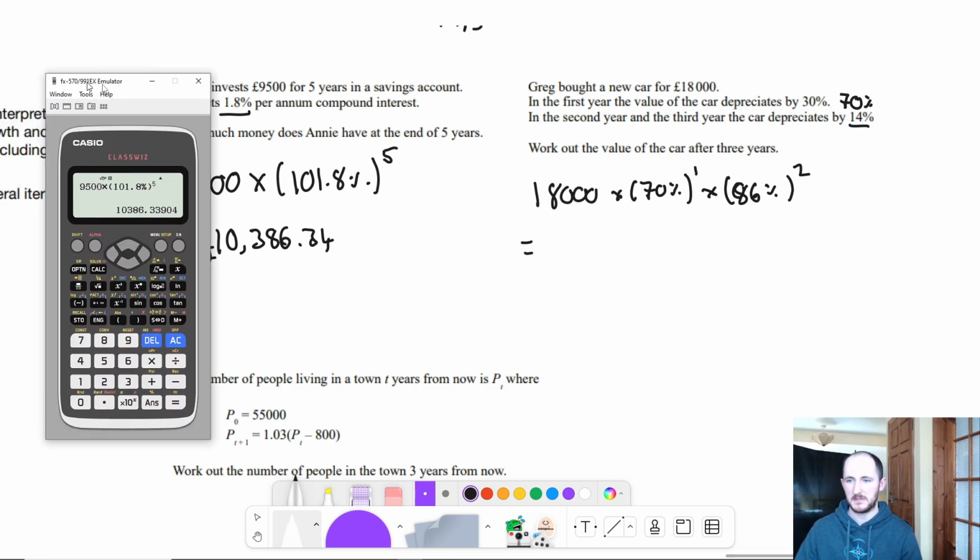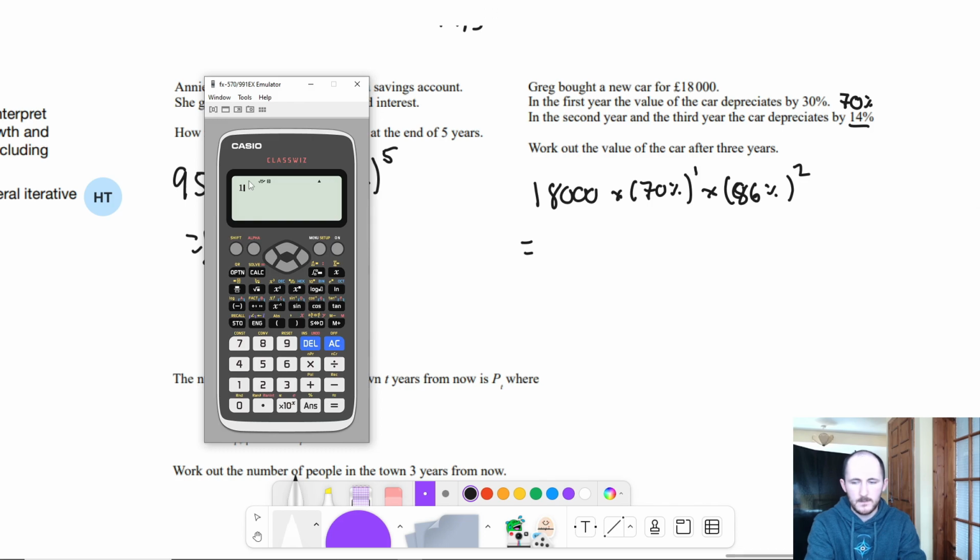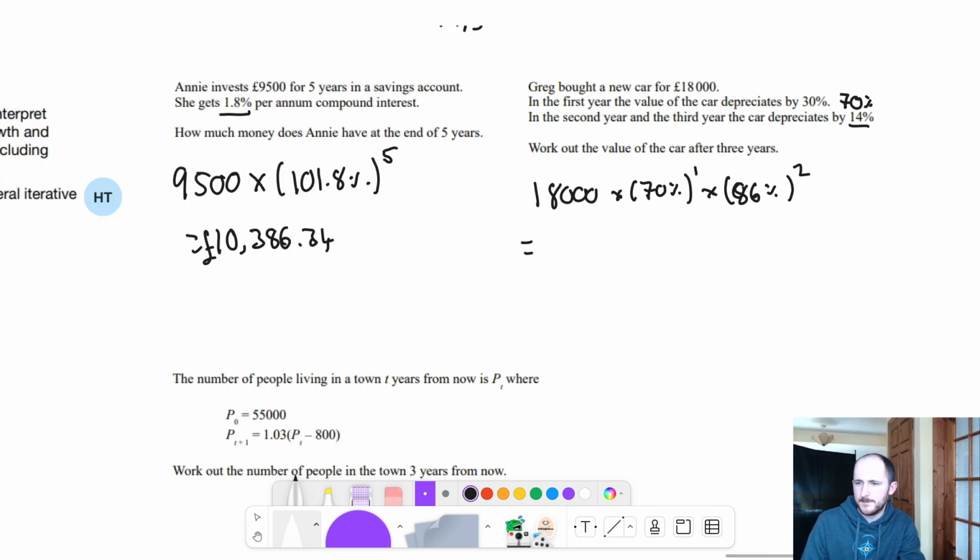Which is really quite handy. 15,000 times the percentage sign. It's the power of 1, but I'm not going to bother putting the power of 1. $9318.96.